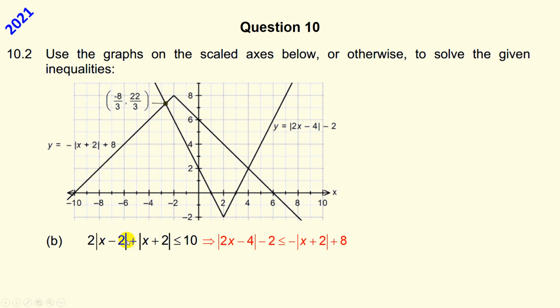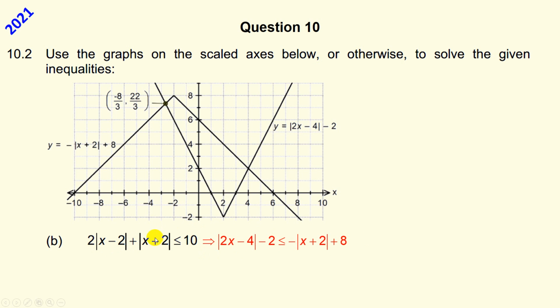So that multiplies in to absolute value 2x minus 4. I can do that because that's a positive number. Minus 2. I'm going to take this one to the other side. And then to get the minus 2, I've subtracted 2 there, so I must subtract 2 here.